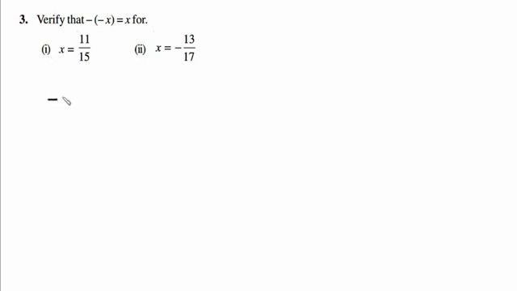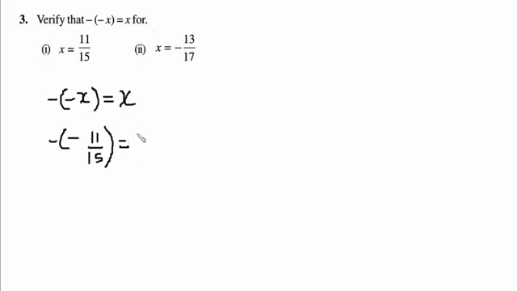We are given the equation as negative of negative x equals x. Now we will plug in the values of x. What is the value of x? In place of x we will write 11 over 15, equals, again we'll have to verify it, that is, left hand side must become equal to right hand side.